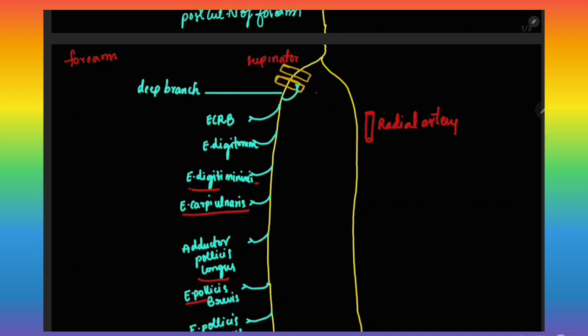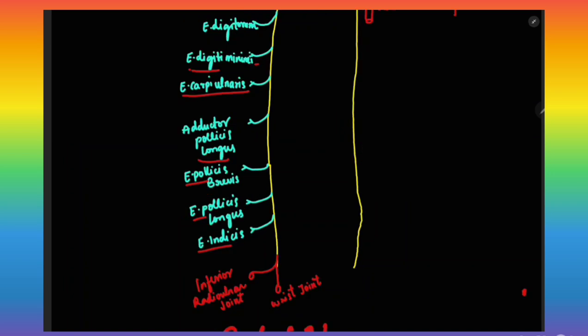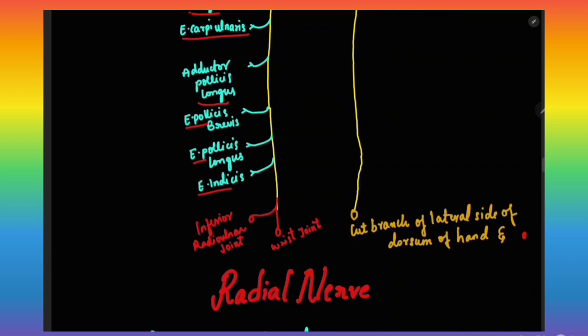Then it enters the posterior side of forearm and passes to the anatomical snuff box, and finally terminates as a cutaneous branch of lateral side of dorsum of hand and lateral 3.5 digits except nail beds.